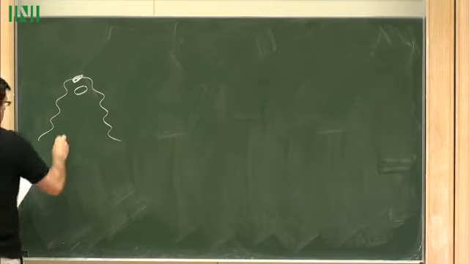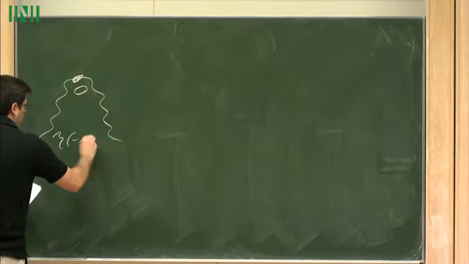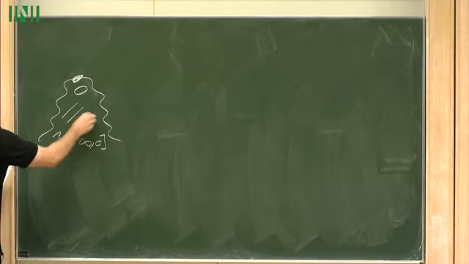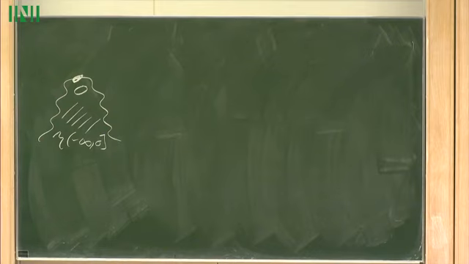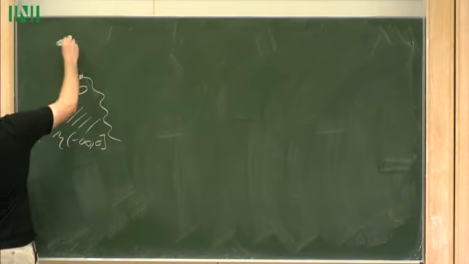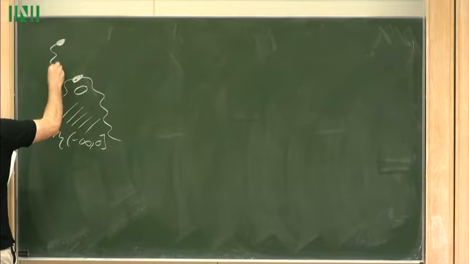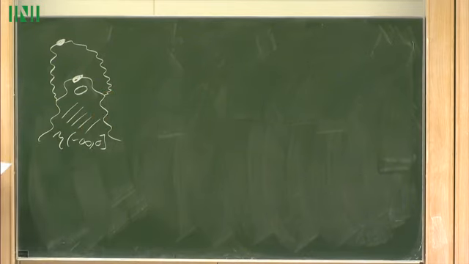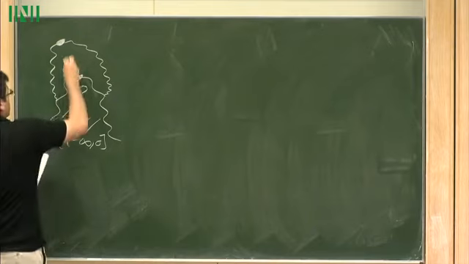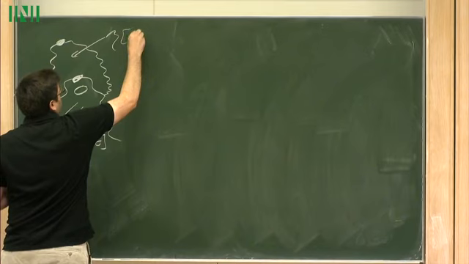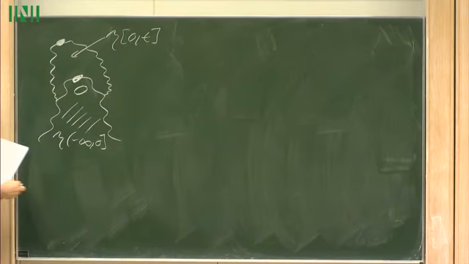So maybe this is eta of minus infinity to 0. So I'm assuming that it hits the origin at time 0. And then you can imagine that you run it for 1 more unit of time. So then it will be, let's say, here. Okay. So this sort of chunk is eta from time 0 up to time t.